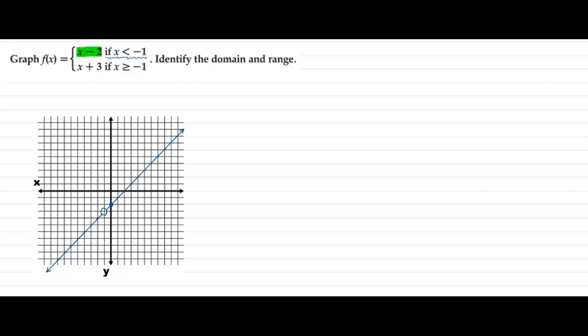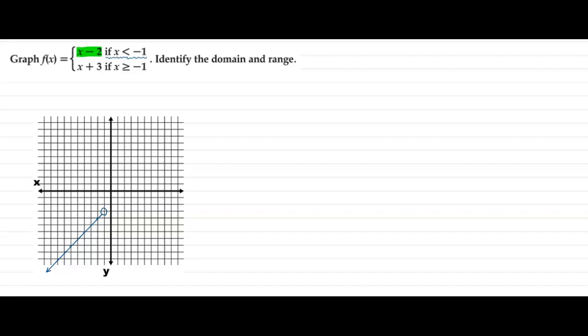I want to keep the side that's smaller than -1. Which side of this line is smaller than -1? Right here. Which means I'm going to get rid of the other part of the line. It's no longer part of my graph. This part right here is this green line only when x is less than -1.